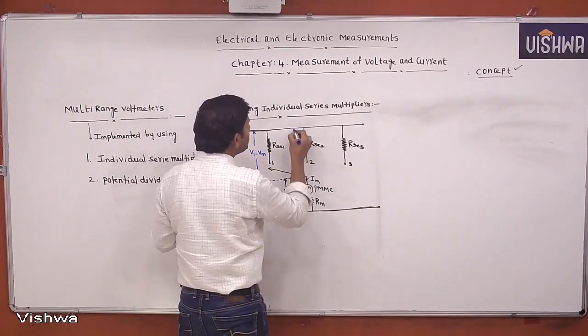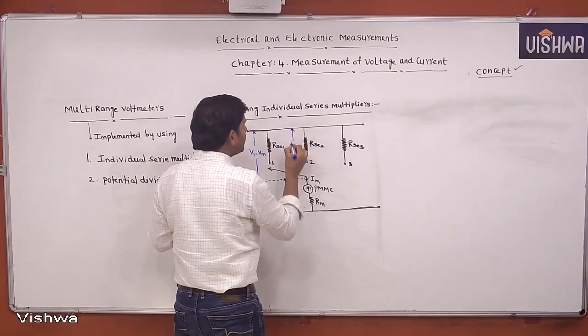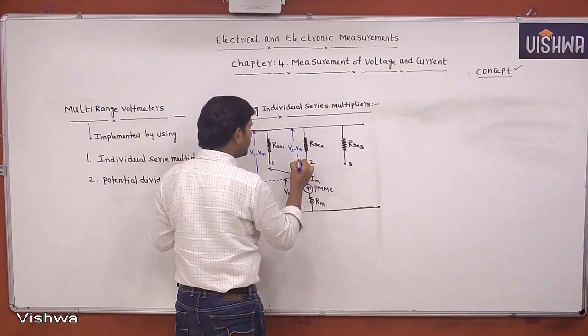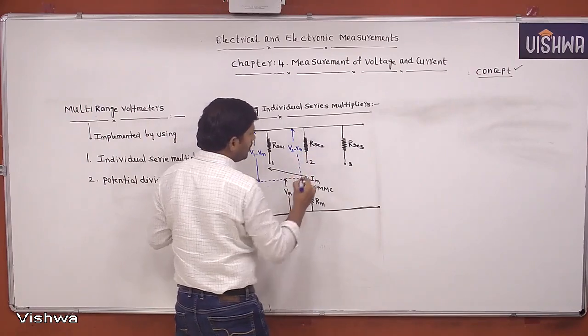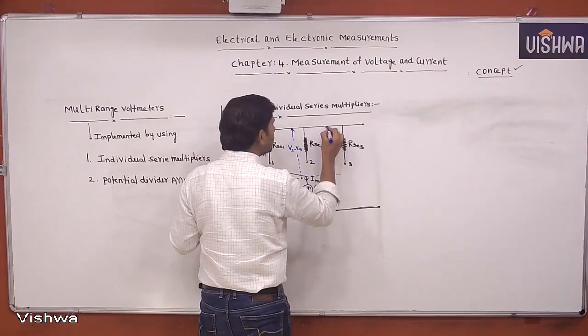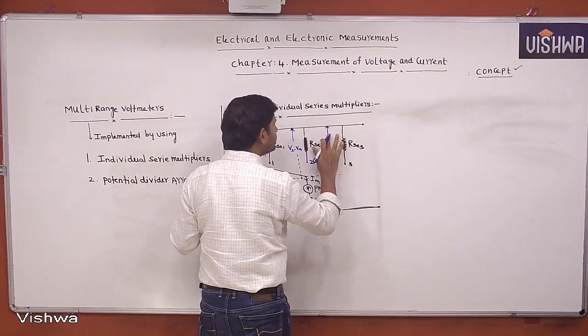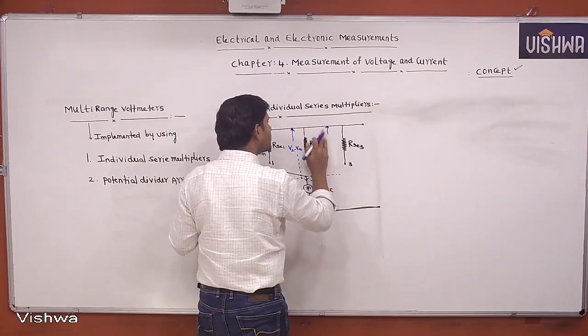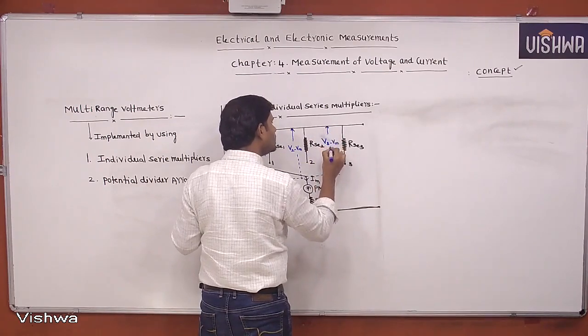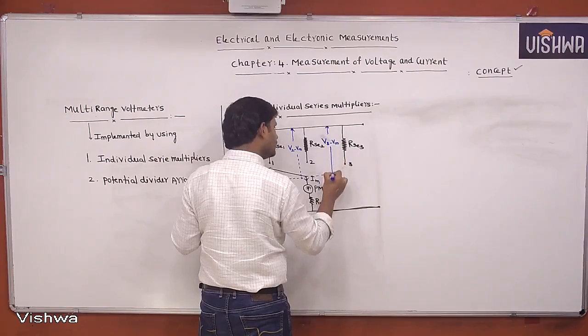We are extending the range from Vm to V2, then this voltage is V2 minus Vm. We are extending the range from Vm to V3, then this voltage is V3 minus Vm.